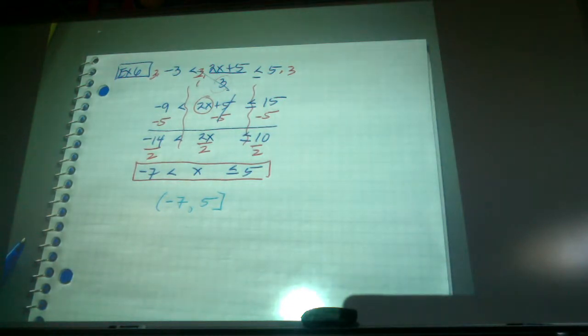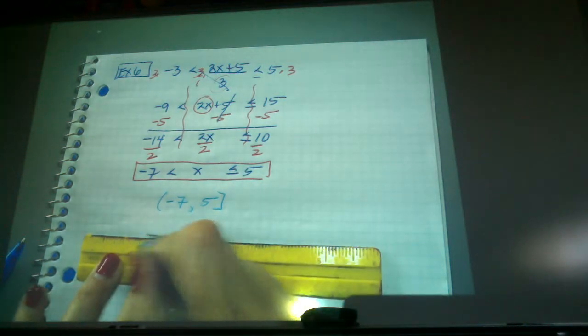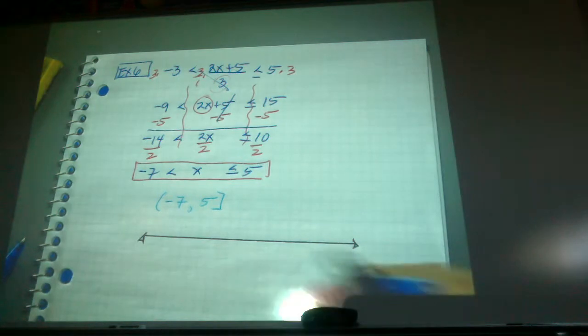So when I graph this, we're going to do 3 checkpoints because the 2 boundary points are going to partition our graph into 3 pieces.